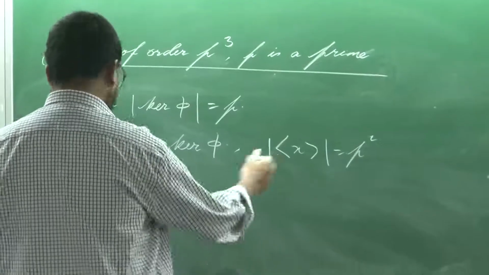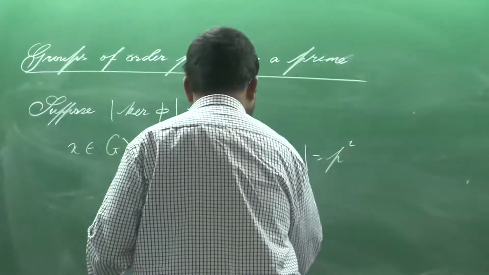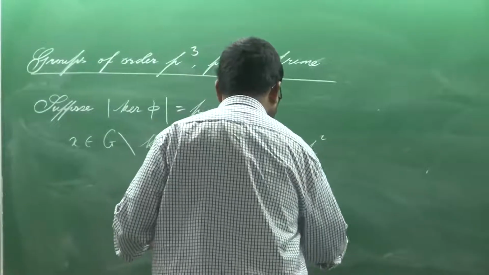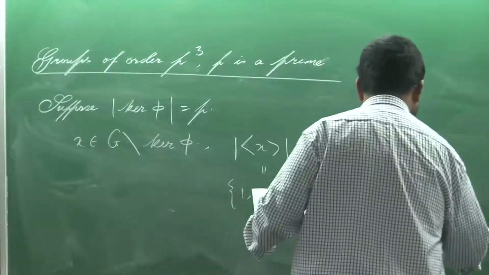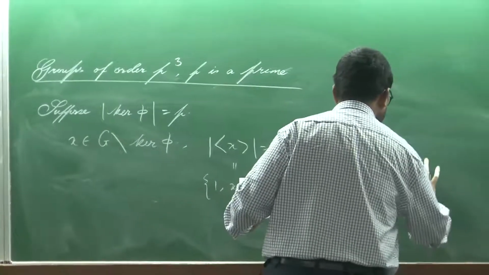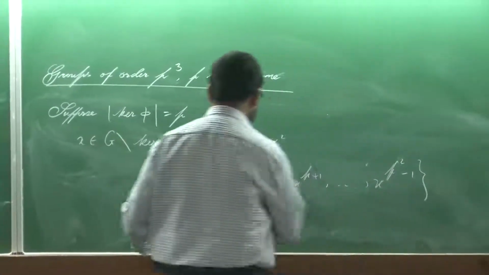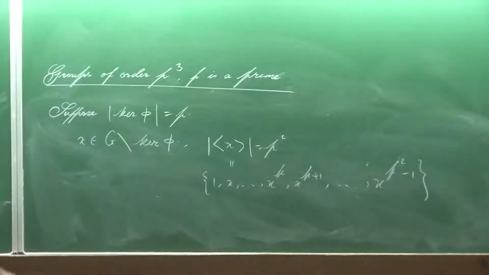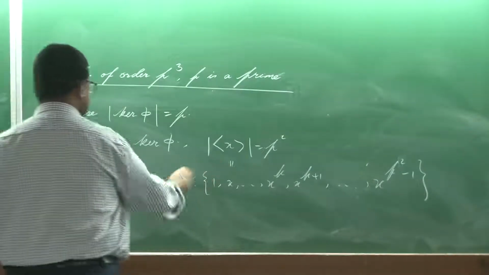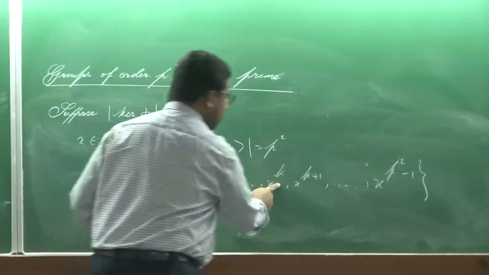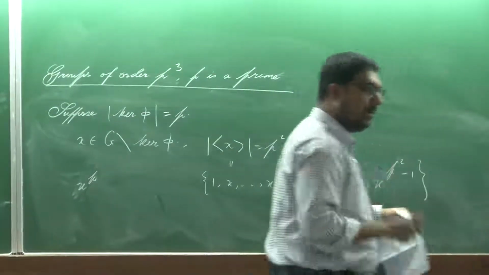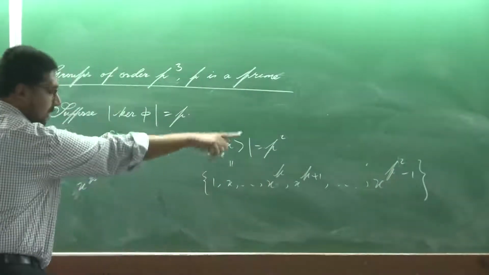Okay. So therefore this subgroup is nothing but 1, x, x^2, up to x^(p^2 - 1). These are all the elements in the subgroup. And clearly x^p lies in the kernel of phi, because x^p has order p.